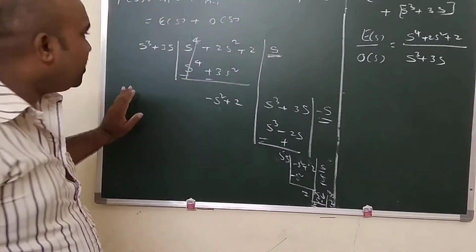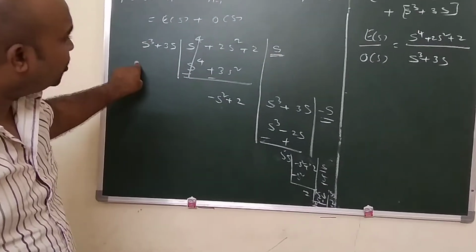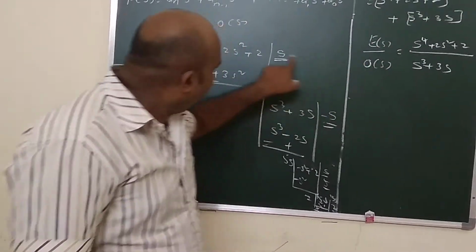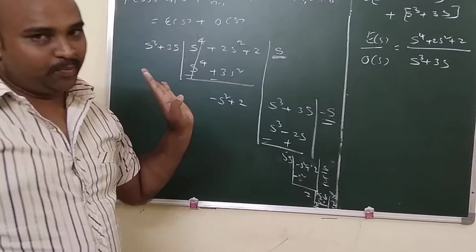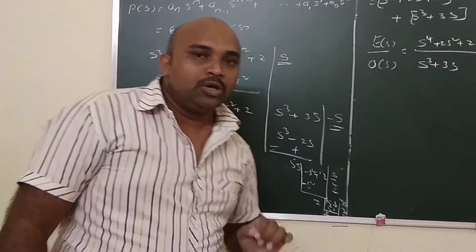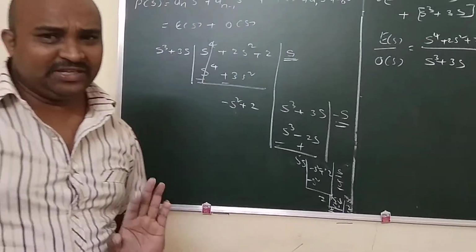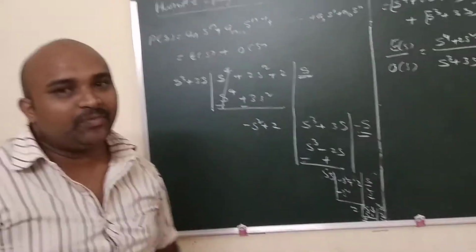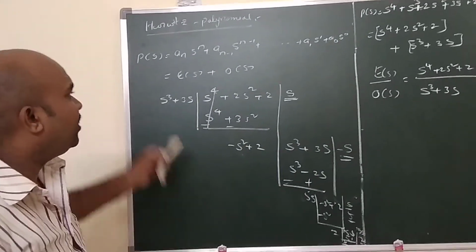Third property: if you do the continued fraction expansion for the ratio of even to odd polynomial, all the coefficients must have positive sign. Then we can say whether it is a Hurwitz polynomial or not. Suppose I give only an even polynomial of s, or only an odd polynomial of s, then how can we determine whether it is a Hurwitz polynomial? Now we can see that.